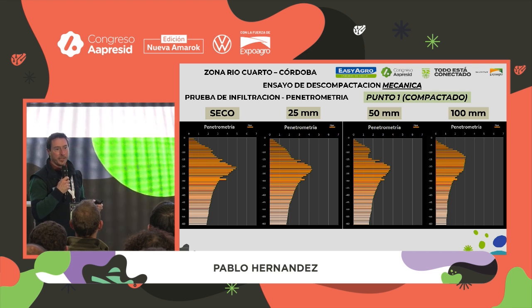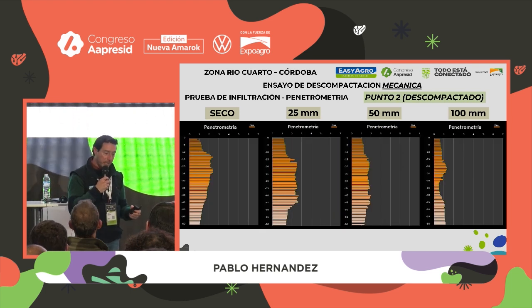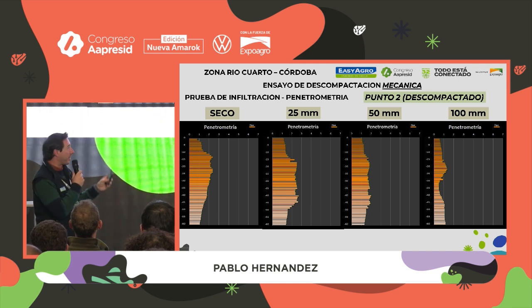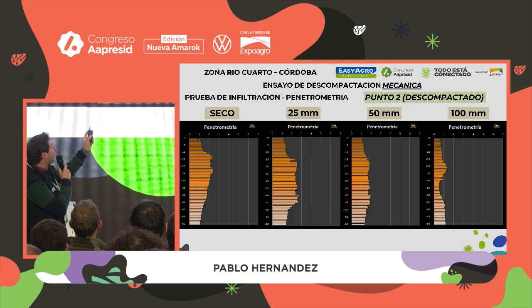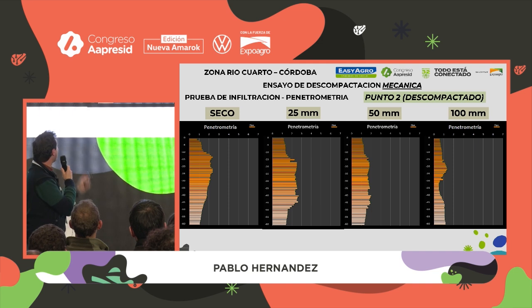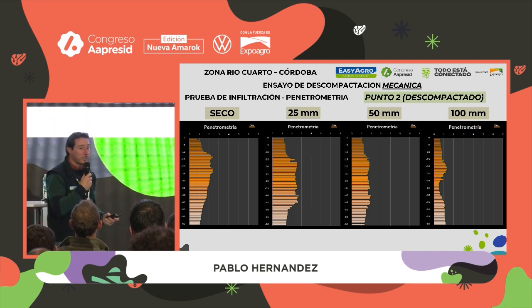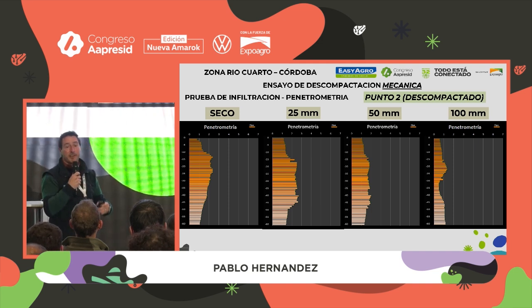This is a crop that grew with good conditions and yielded 10,000 kilos, but it did not create decompaction. We conducted a penetrometry again, and we saw that the resistance of the soil with 100 millimeters, there was no resistance.